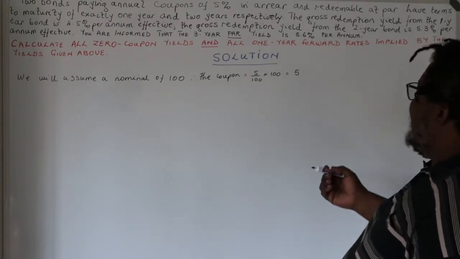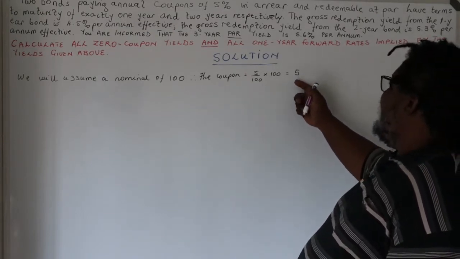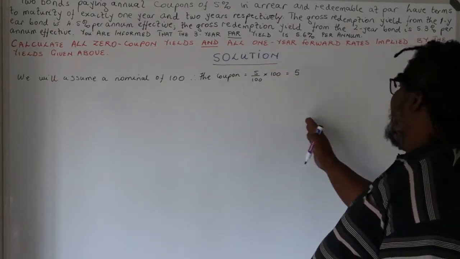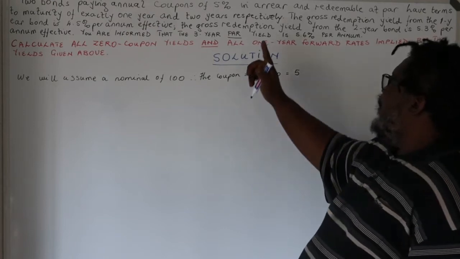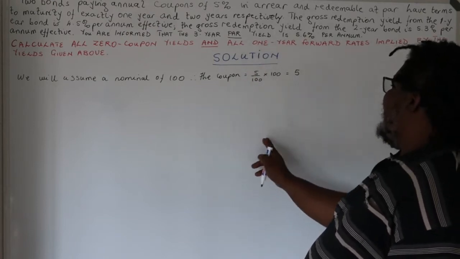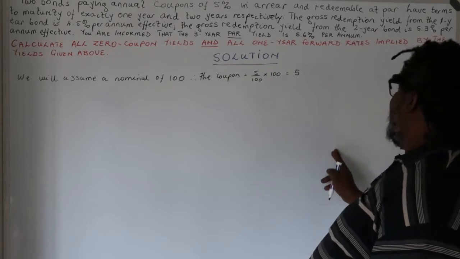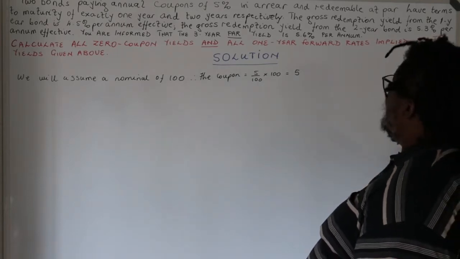And with the bonds, what happens is the coupon is paid in arrear. That means if you have got a number of periods, your first payment is at the end of the first period, your second payment is at the end of the second period, until you get to maturity.